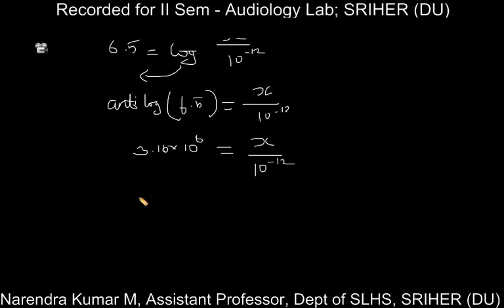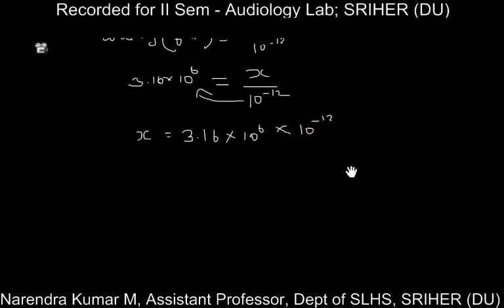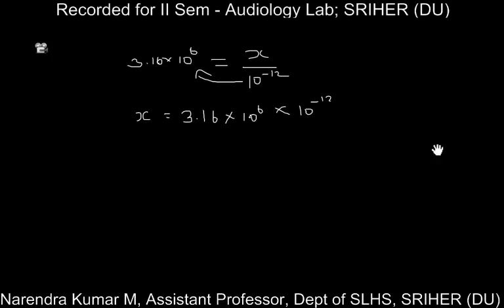Simplifying the equation, X equal to 3.16 into 10 to the power 6. This denominator going to the other side of the equal sign, it will be 10 to the power minus 12. When it goes to the opposite side, the sign changes, and the power of the other term remains the same.